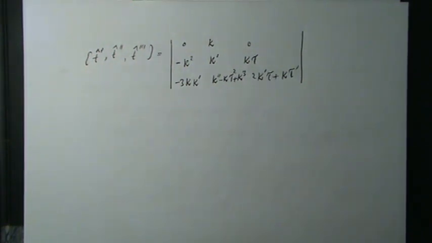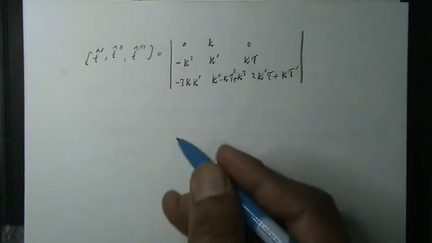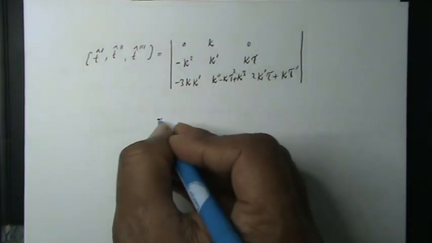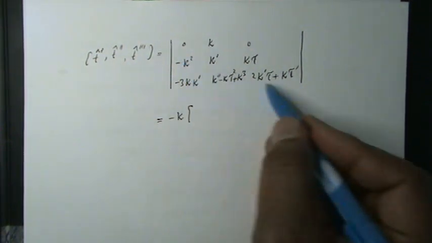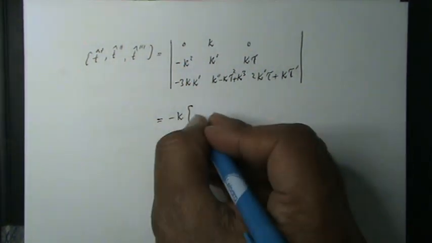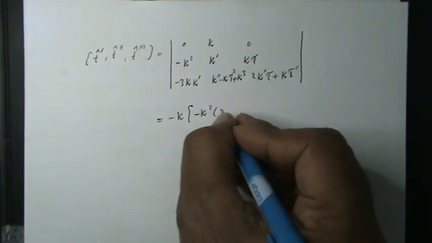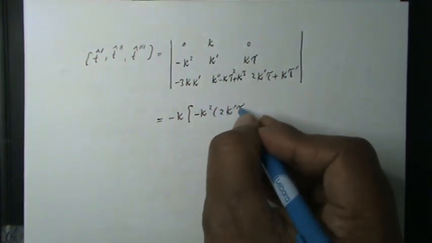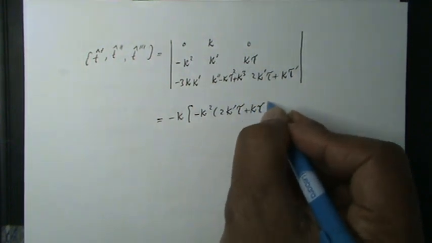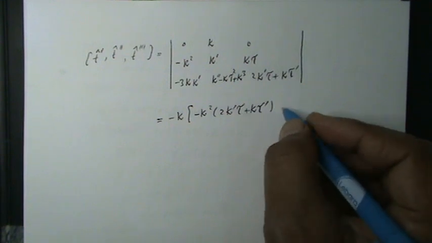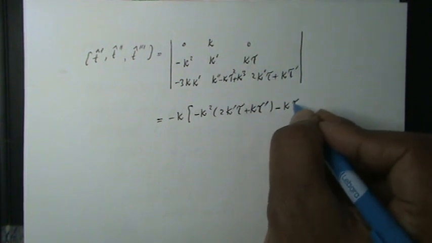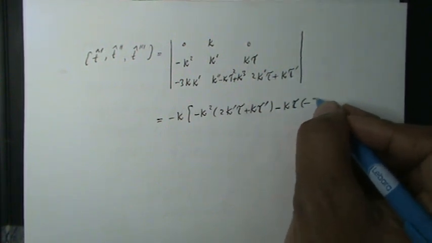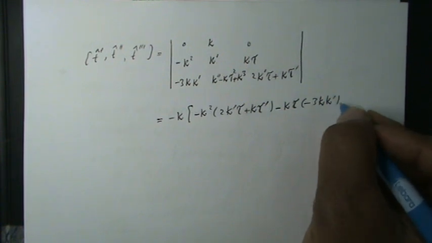Expanding this matrix, minus kappa into minus kappa square into 2 kappa dash tau plus kappa tau dash. Minus kappa tau into minus 3 kappa kappa derivative.